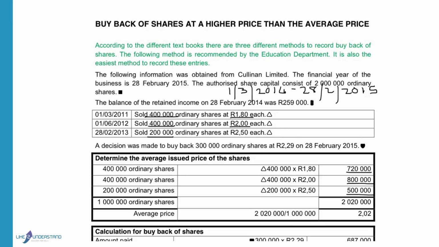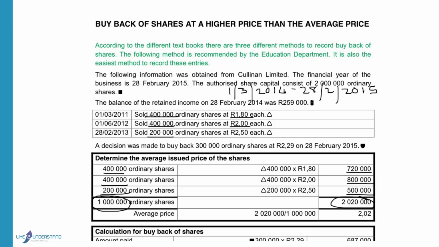If I want to work out the total number of shares that was already issued, it's the 400,000 plus an additional 400,000 plus 200,000, so issued shares is 1 million shares. The total amount of money that was collected when these shares were sold was 2.020 million.